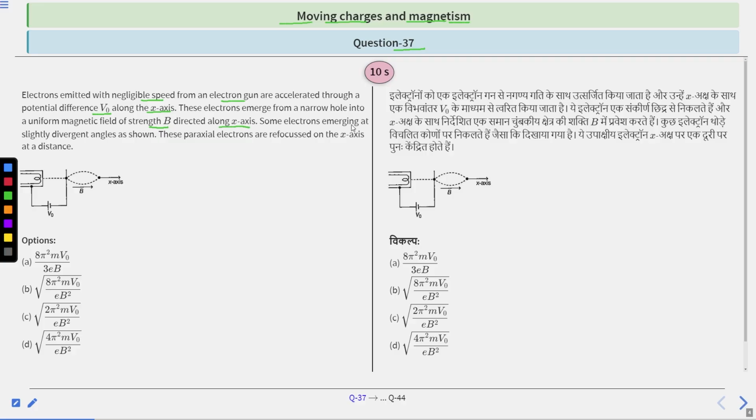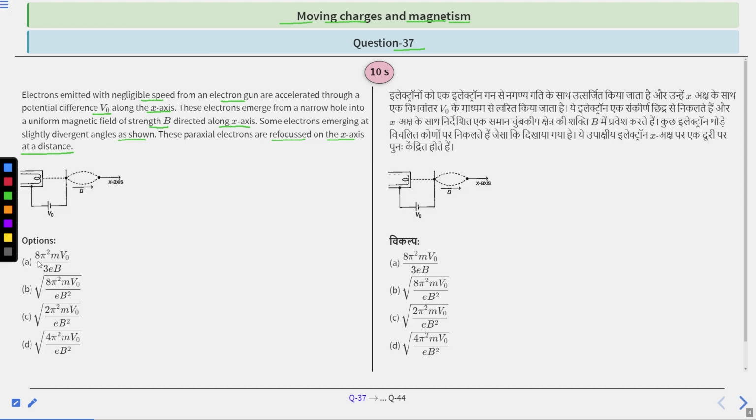Some electrons emerge at slightly divergent angles as shown. These paraxial electrons are refocused on the x-axis. The question asks at what distance.